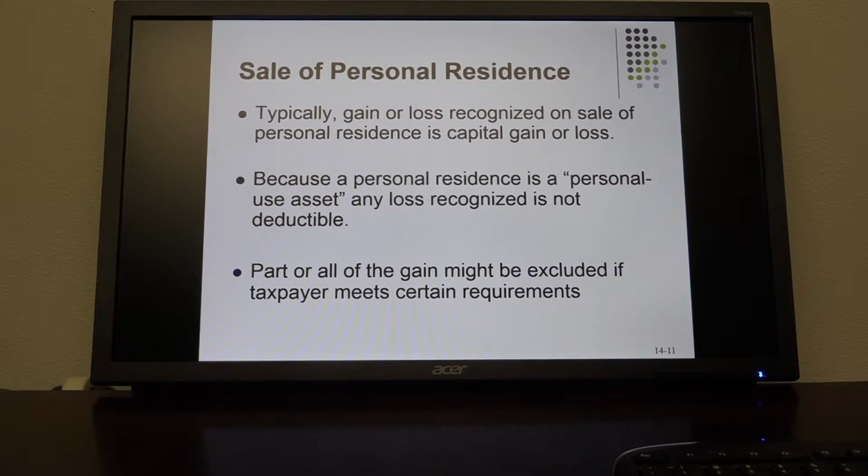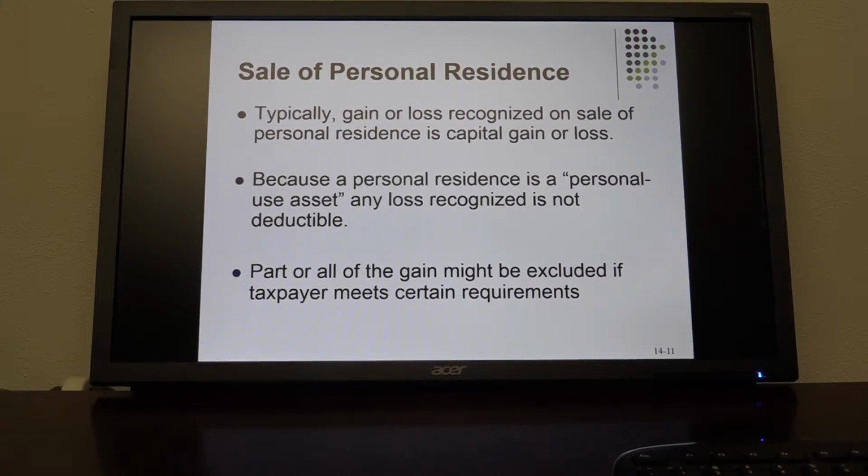But you would recognize a gain. However, there's exclusions on that as well. And so part or all of the gain that you realize from the sale of a residence may be excluded if it meets certain requirements.